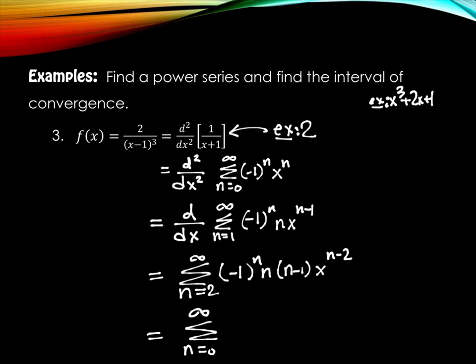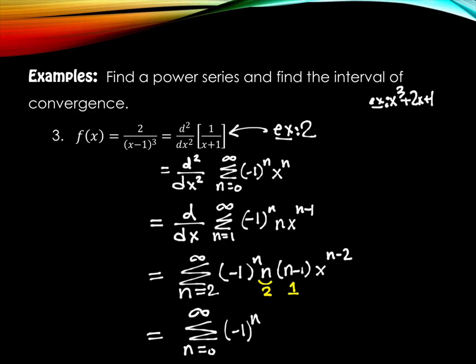Okay? So what happens when I put the number 2 in up here? Well, it doesn't affect my -1 to the n. Let me put that in first. What happens when I put the 2 in right here? You get 2, and what? 2 times 1 times x to the 0. So if I put in the number 2, I get a 2 here and a 1 here, right?